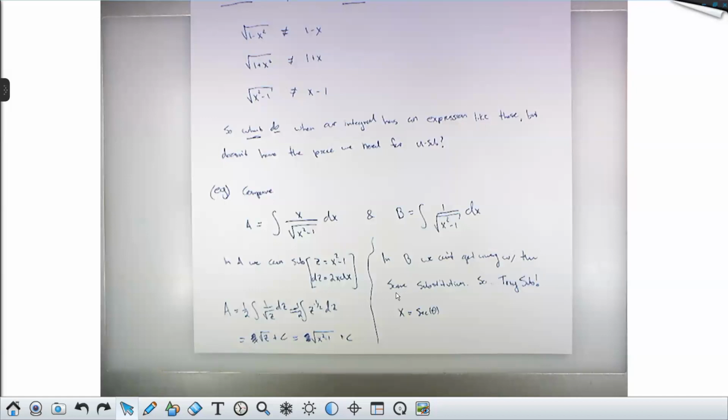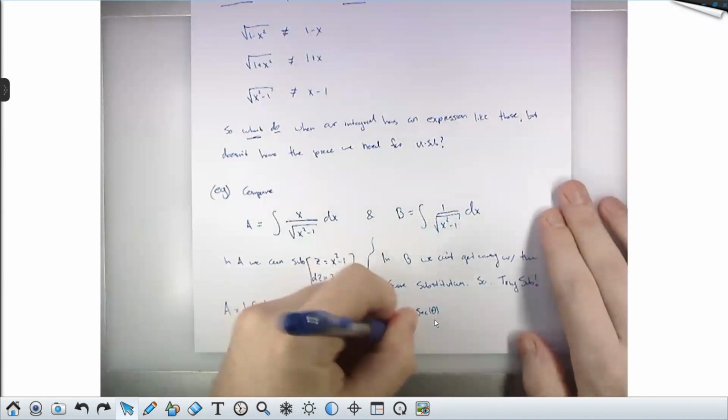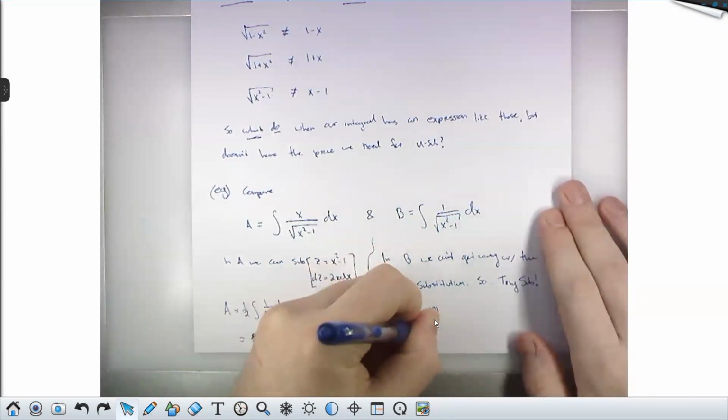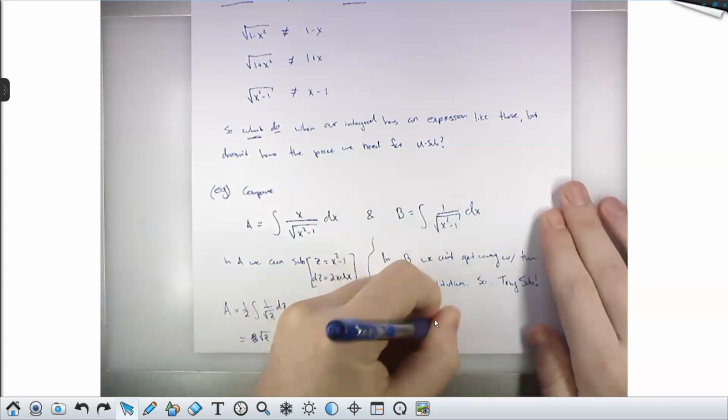We talked about why last week: x squared minus 1, if x is secant theta, is secant squared minus 1, that's one of your trig identities. That's tangent squared theta. So you'll be able to get rid of the addition and subtraction underneath the square root by making this substitution and applying the appropriate Pythagorean identity. If x is secant theta, then dx is secant theta tangent theta.